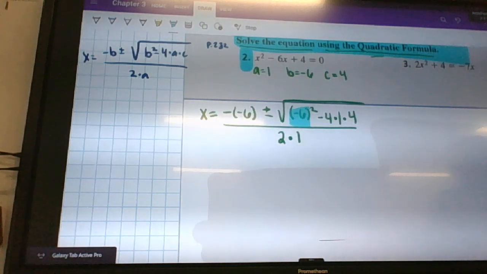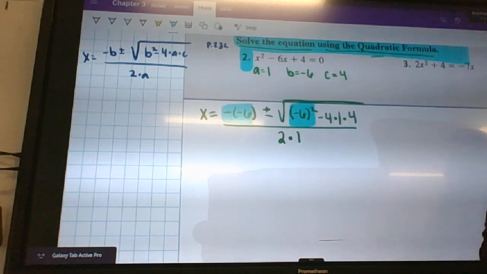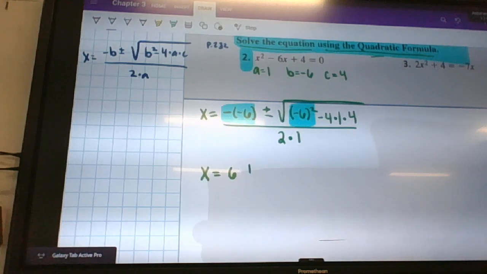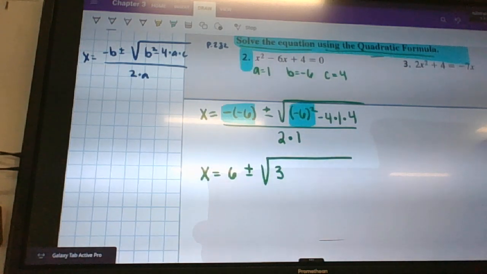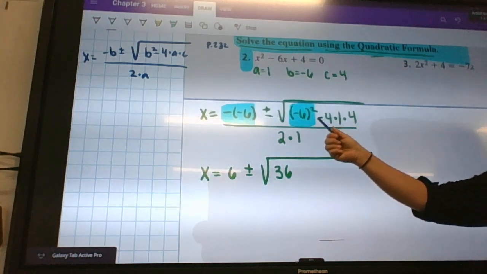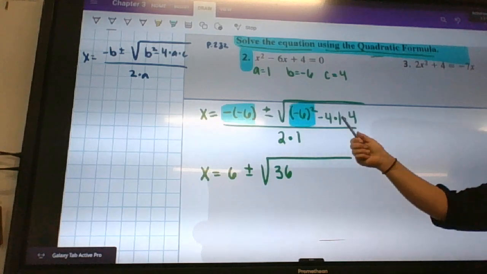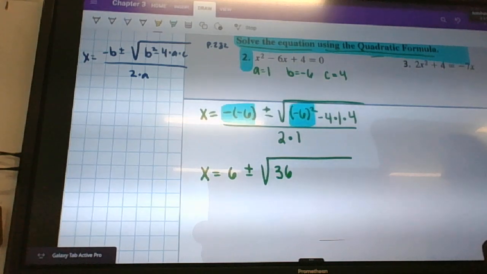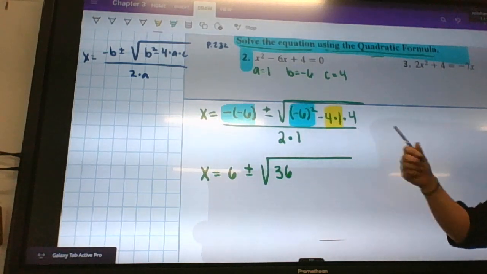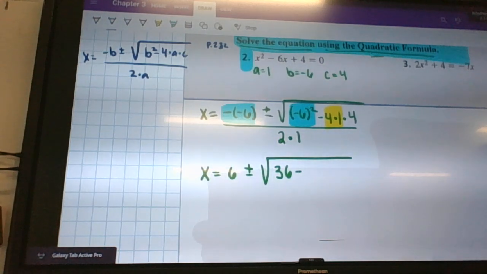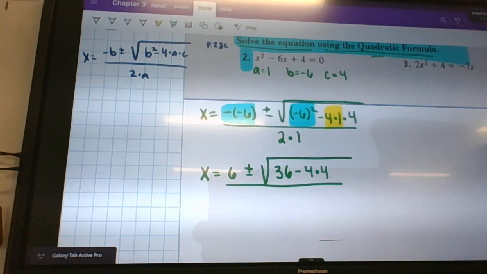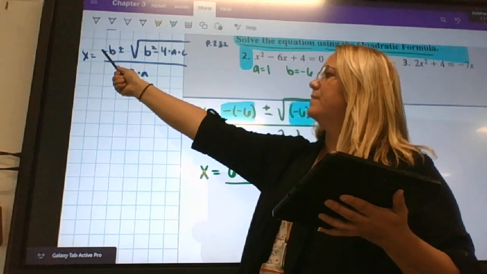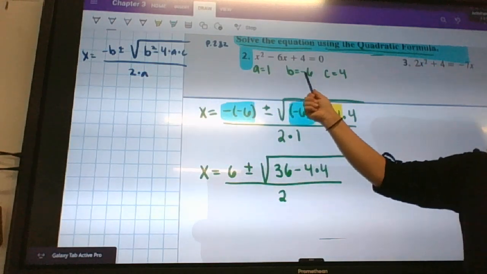Exponents typically come first. So first I'll do the exponent, and I'll also deal with this negative negative and make it a positive. So I got 36. The biggest thing is don't do subtraction till the end. So this multiplication comes before subtraction. So I'm going to take it one step at a time and just do that 4 times 1. There's a negative in the formula, and the b value is negative, and they cancel each other out.